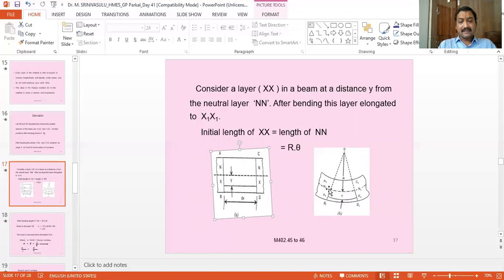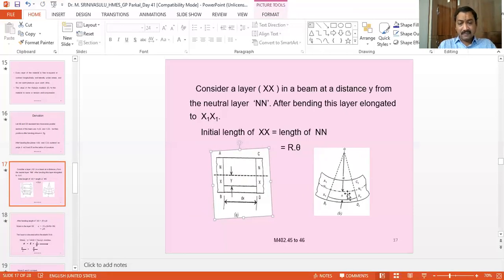So this neutral axis also will bend in the form of an arc of a circle, and this arc will have some radius and will have the center point somewhere else. So R is the radius at which the neutral axis of the beam is bending.